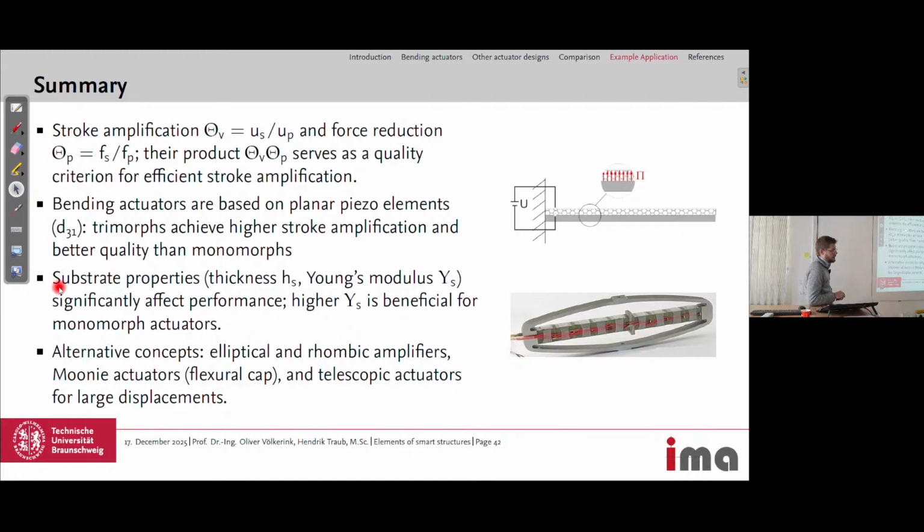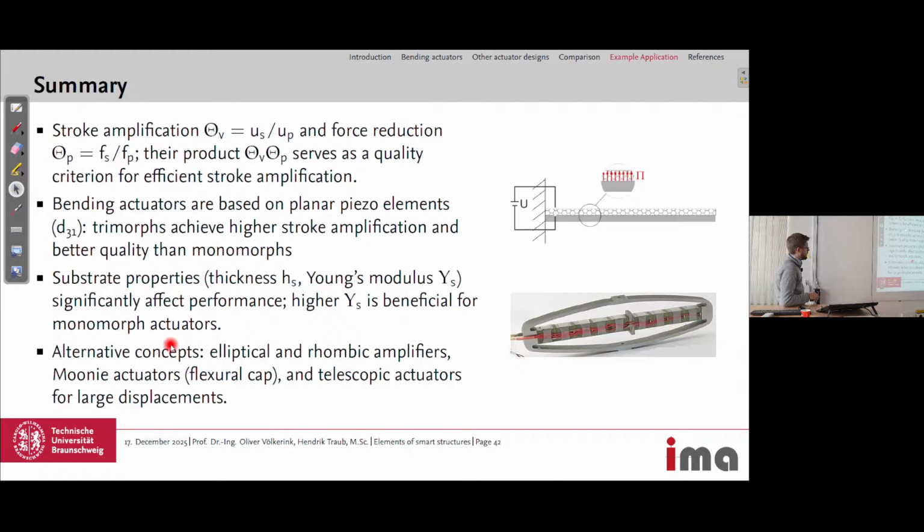In terms of structural conformity, the substrate or the structural properties of the carrier layer matter, so thickness and Young's modulus affect the performance, and for monomorph actuators, a higher Young's modulus is beneficial for the stroke amplification, which is not the case for the trimorphs.